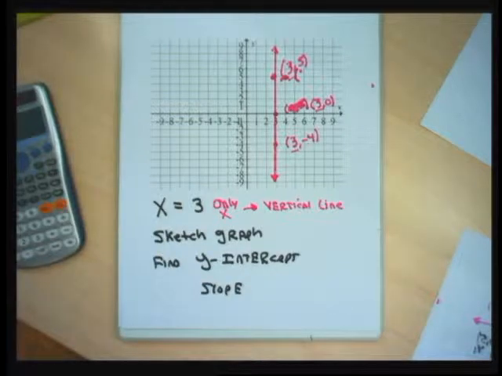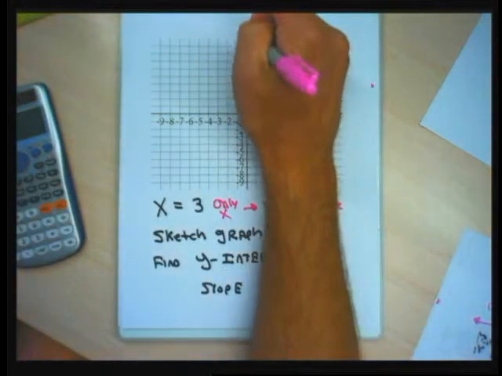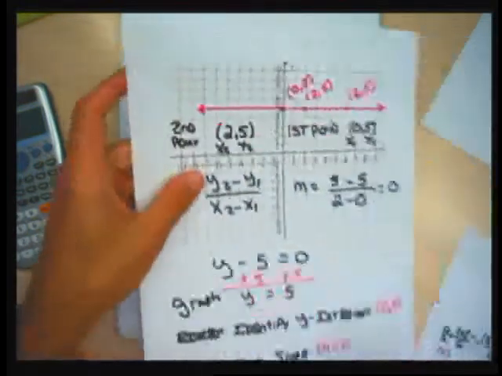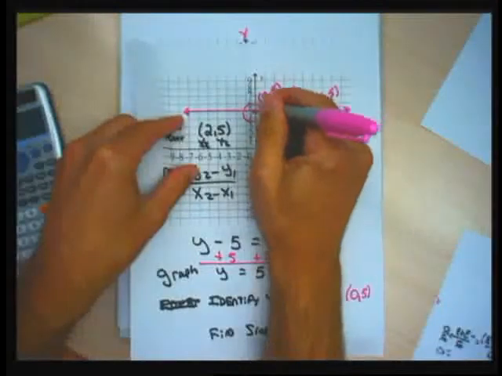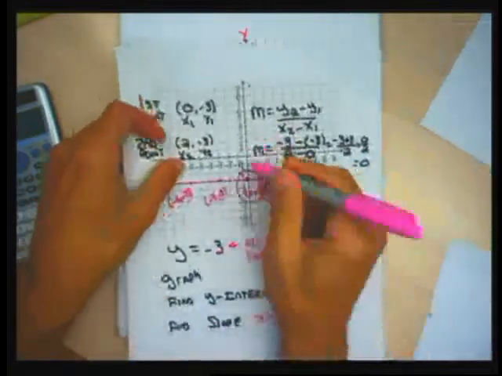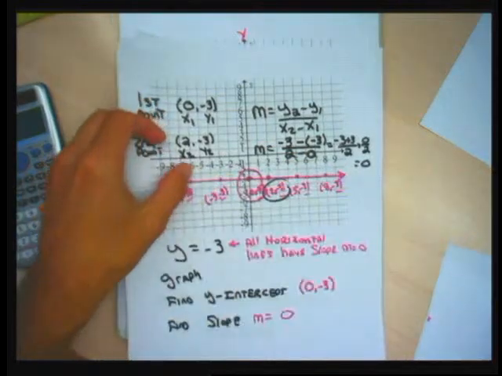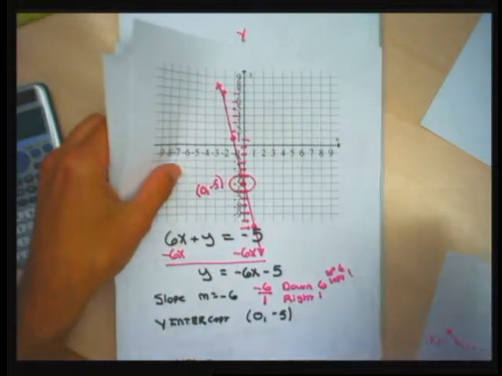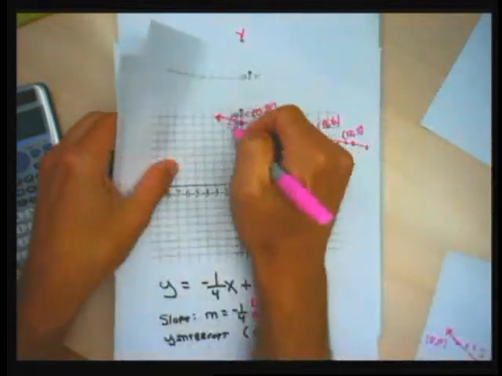Now I want to find the y-intercept. Well, this is the y-axis. The y-intercept, by definition, is a point where the graph crosses the y-axis. There's a y-intercept of 0, 5. There's a y-intercept of 0, negative 3. There's a y-intercept of 0, negative 5. There's a y-intercept of 0, 8.